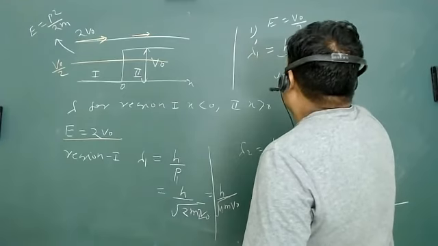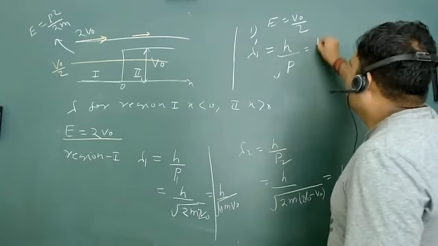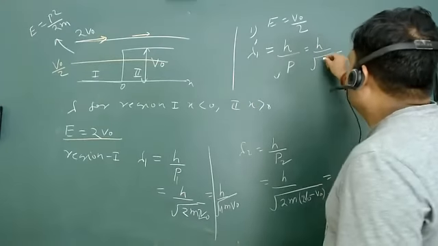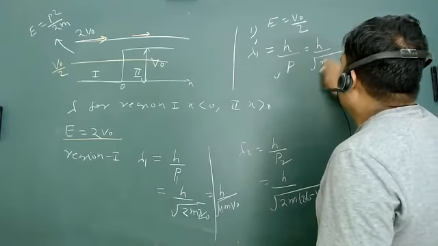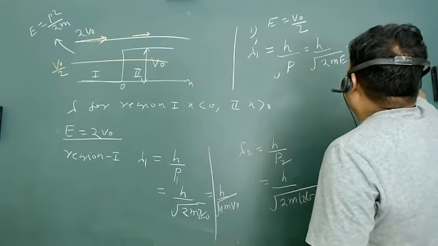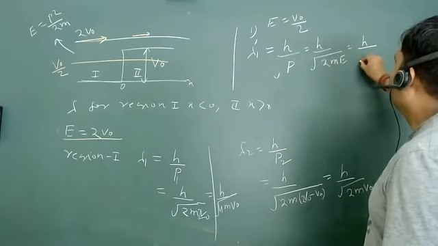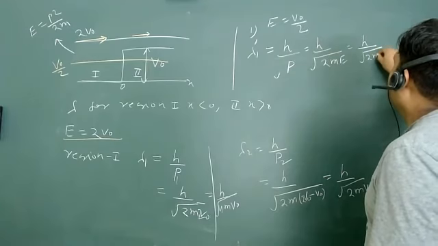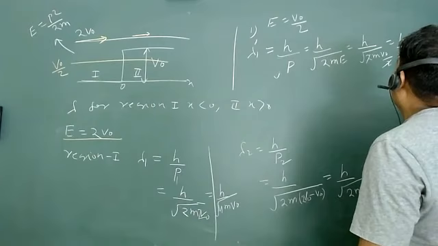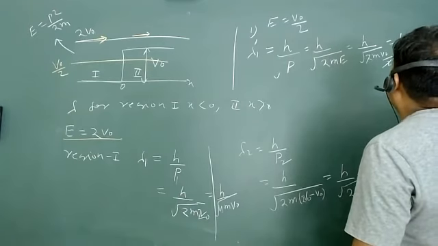You can just find the momentum, and put h by root under 2mE. So this value is 2m v naught by 2. So this will be h upon root under m v naught.